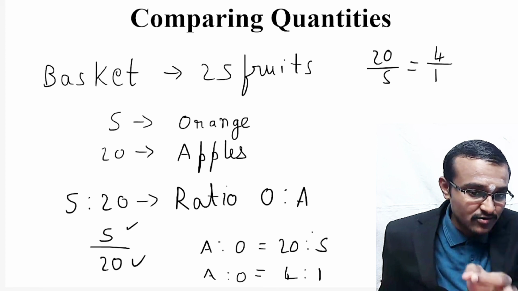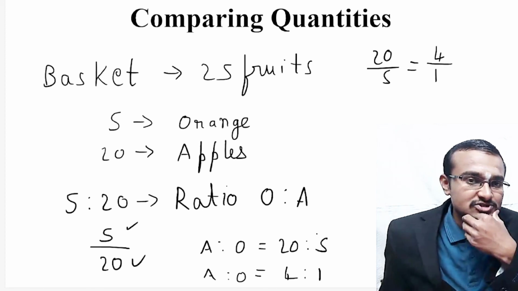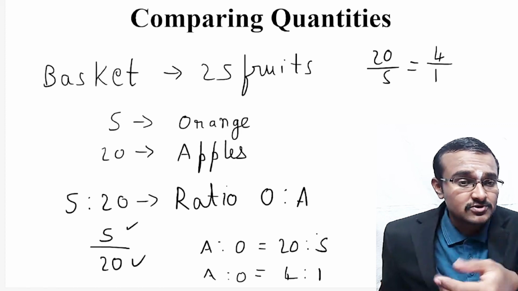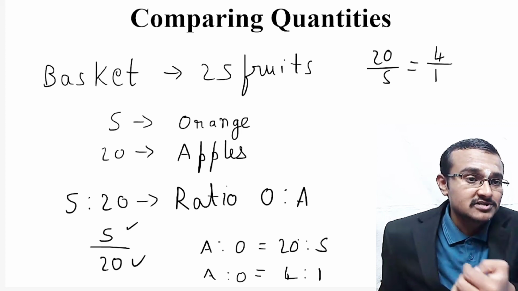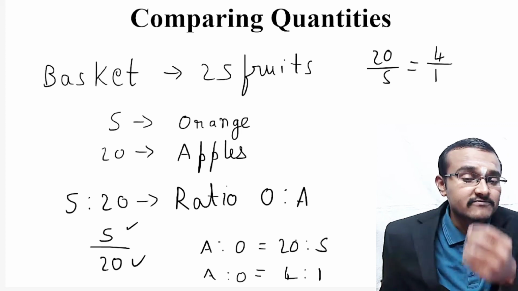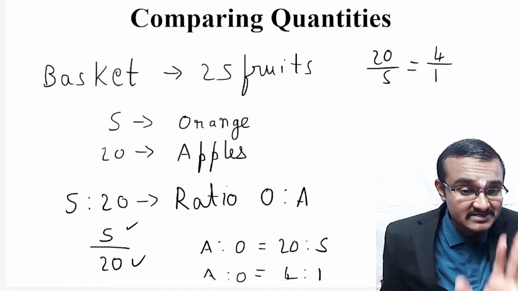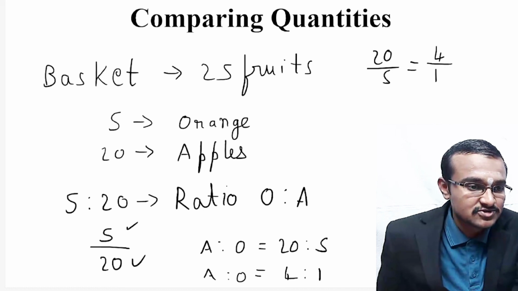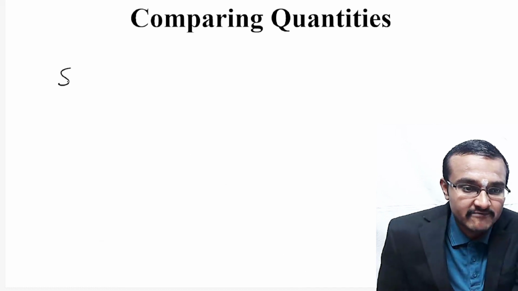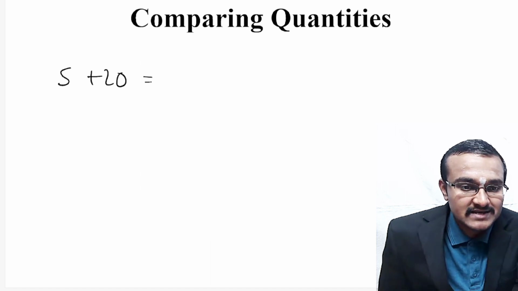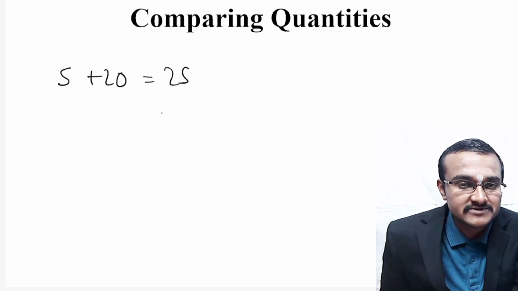Now, after knowing about ratios, I think you have learnt about ratios in your previous class itself. So you should focus on taking the percentage of oranges and percentage of apples present in that basket. For example, you have 5 oranges and 20 apples, so in total there are 25 fruits in the basket.